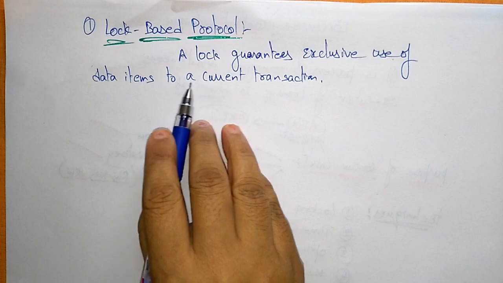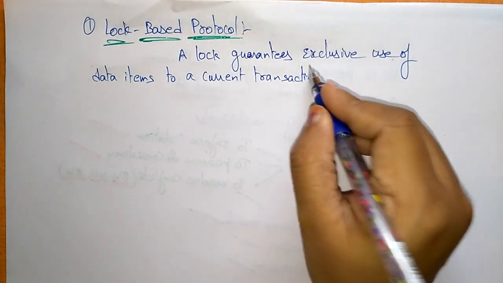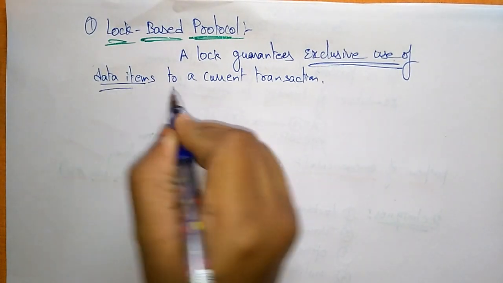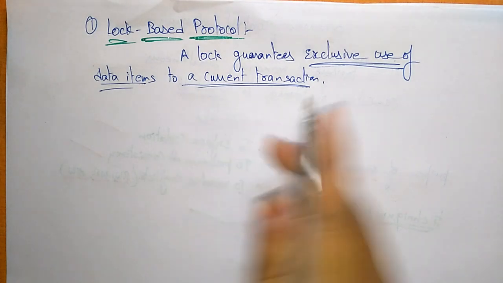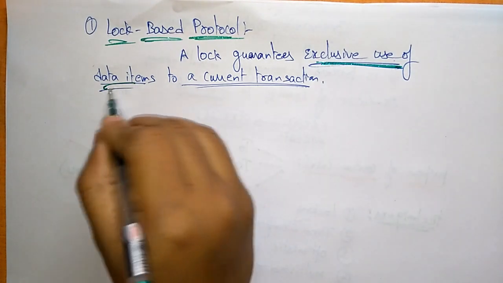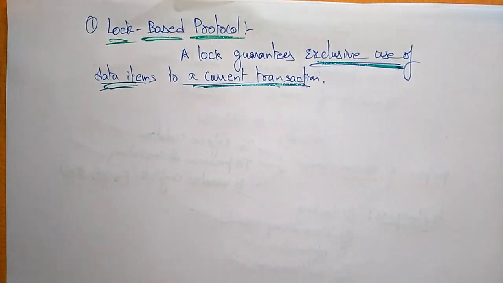In the lock based protocol, the lock ensures the exclusive use of data items to the current transaction. If some particular transaction is executing, those data items will be used exclusively only for the current transaction. For that purpose we are using the lock.